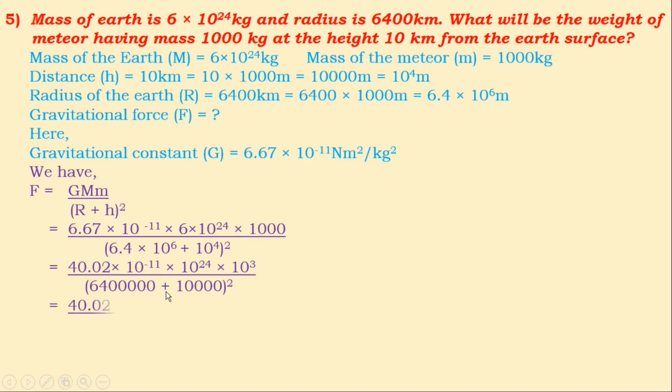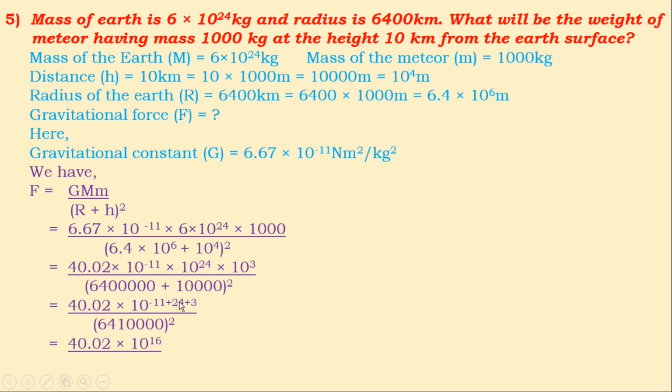And when we add both of them in numerator, 10 to the power minus 11 plus 24 plus 3. Same base, that's why powers are added or subtracted. In denominator we have a different story, we have to add them. I mean to say these two values are added to each other and a square is written.